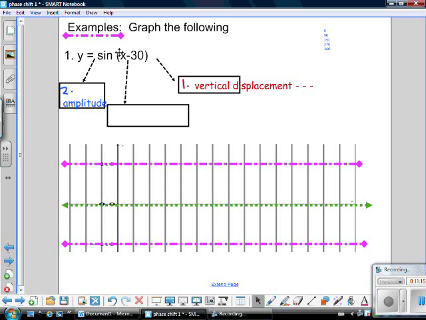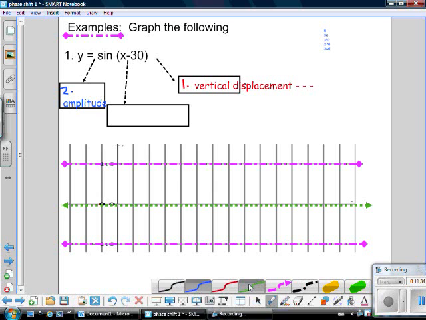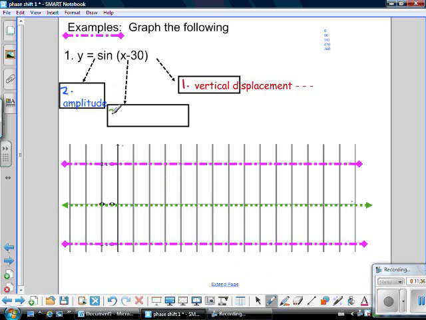So now what we're going to do is we're going to look here. We have one more thing that we're going to be adding, and that'll be tomorrow, and that's going to be a number in front of the x. So here I have our phase shift. Our phase shift is x minus 30, so it means that we are going to be moving to the right 30.